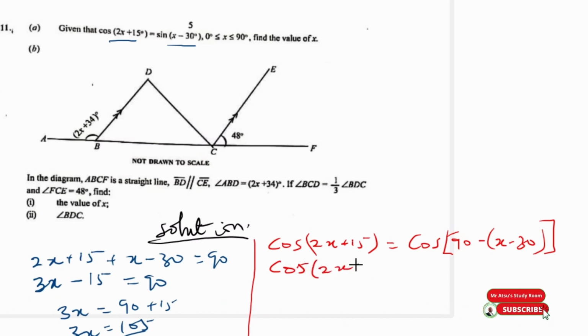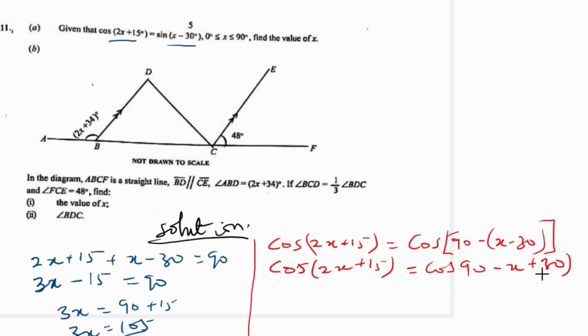cos of 2x plus 15 will be equal to cos of 90 minus x plus 30. Remember, we are using -1 to open these parentheses, and cos of 2x plus 15 will be equal to cos of 120 minus x.